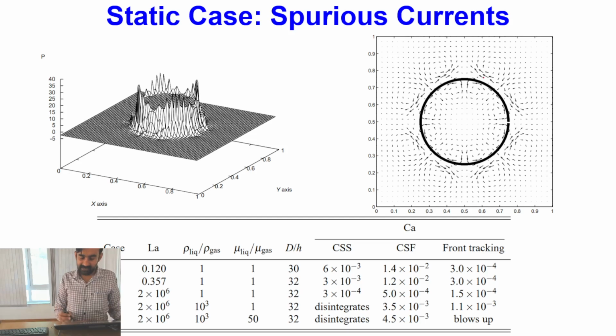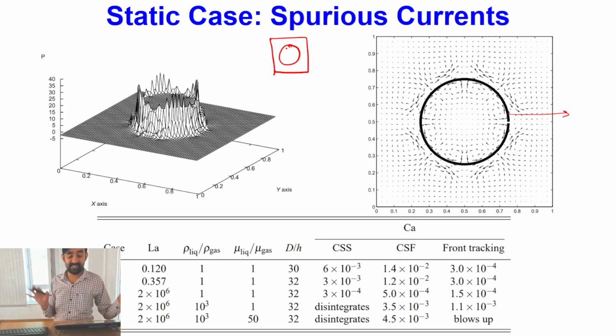This is the representation of the case which I have shown you in the previous slide, where I told you that I have a spherical body, and this spherical fluid particle is completely at rest. And I need to calculate the pressure distribution across this particle because of the surface tension force.